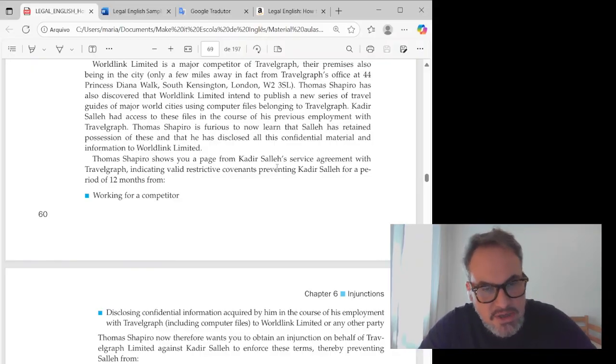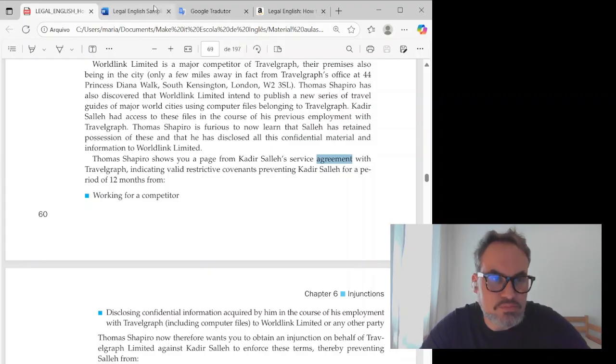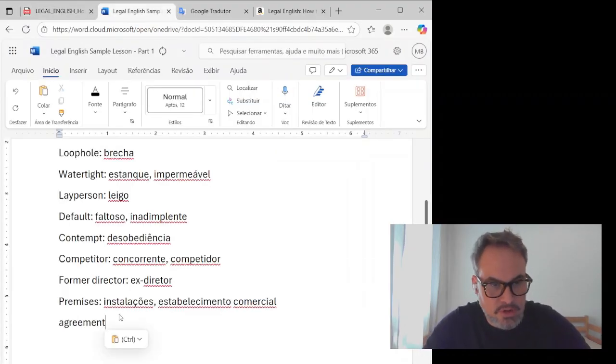So here we have some interesting words. Agreement, let's say, which can be translated as contrato, okay?